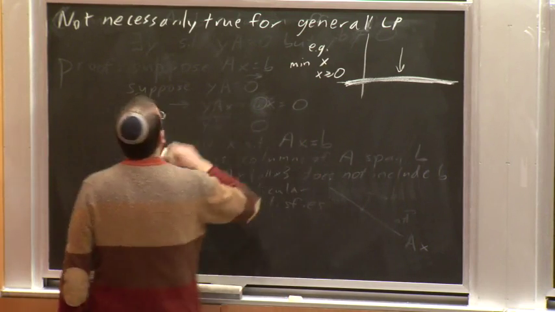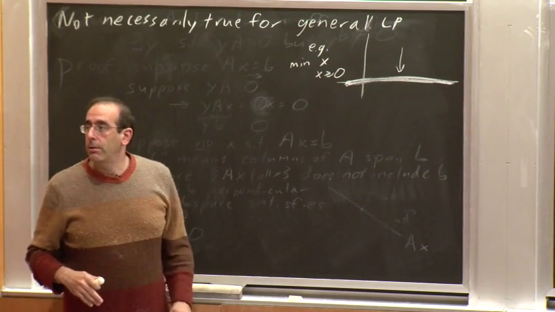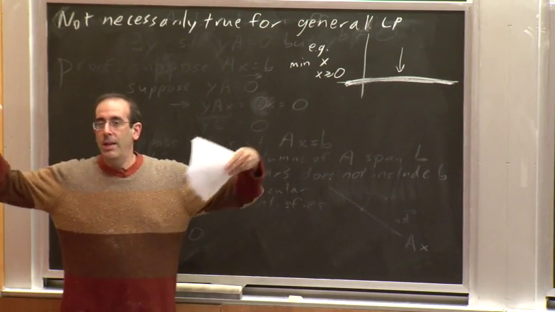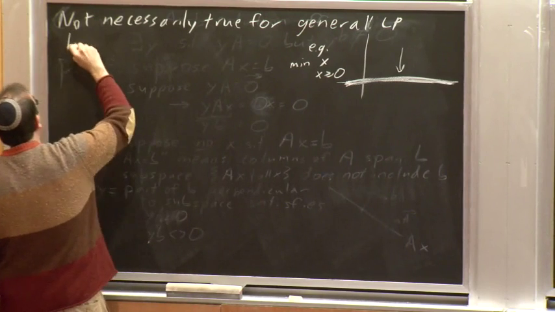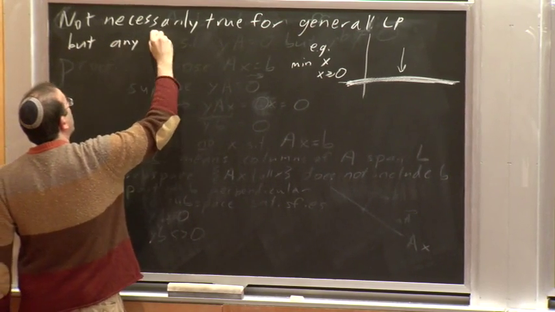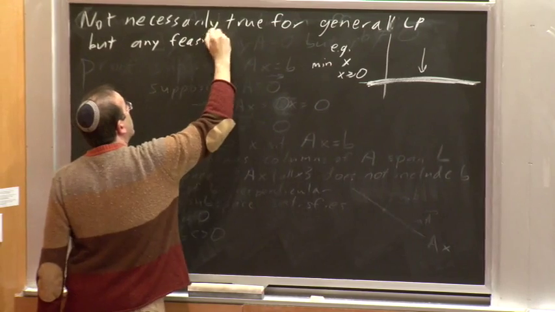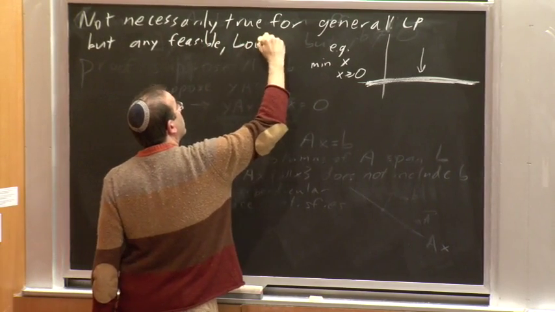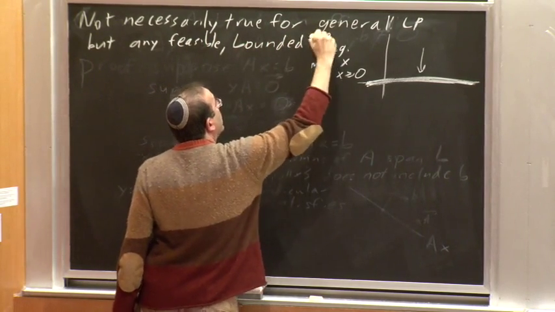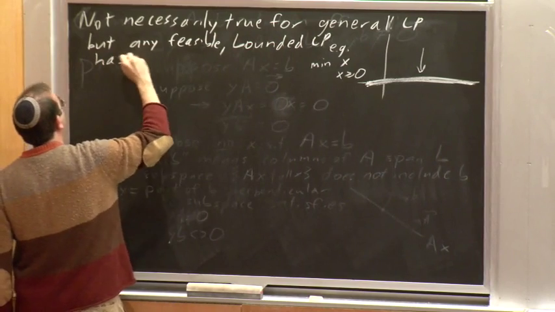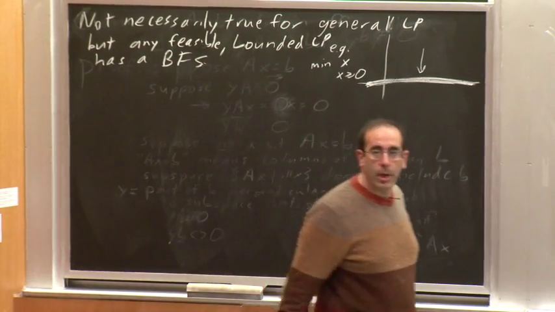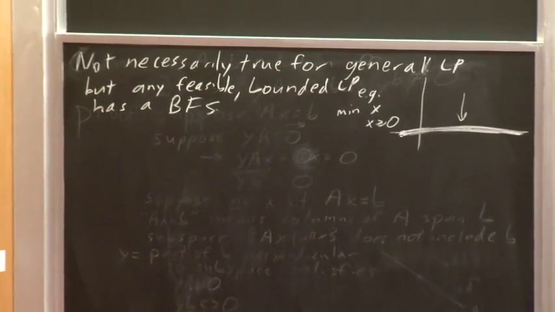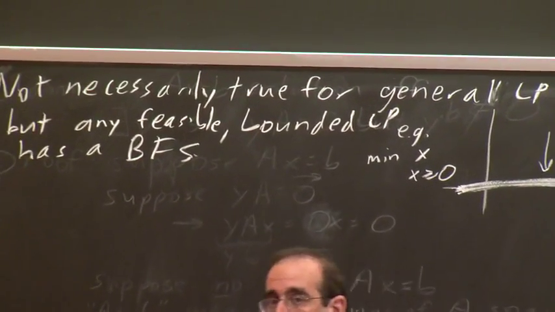Because this polytope is unbounded. It never runs out, so you can never run into corners. However, any feasible and bounded LP has a basic feasible solution. All right, so that's a nice step in the direction that we want.